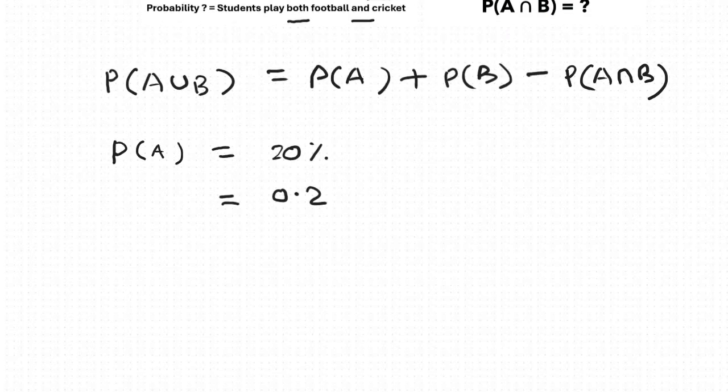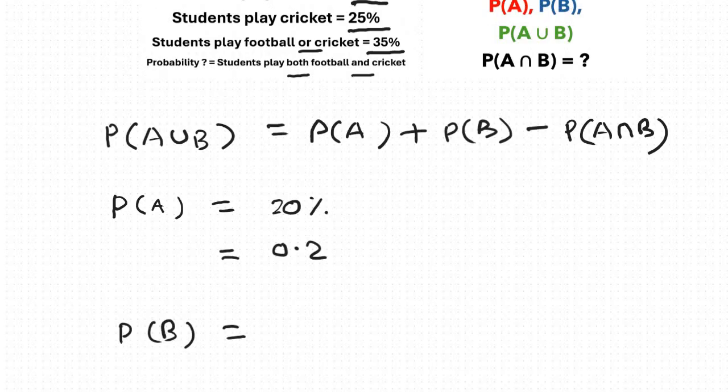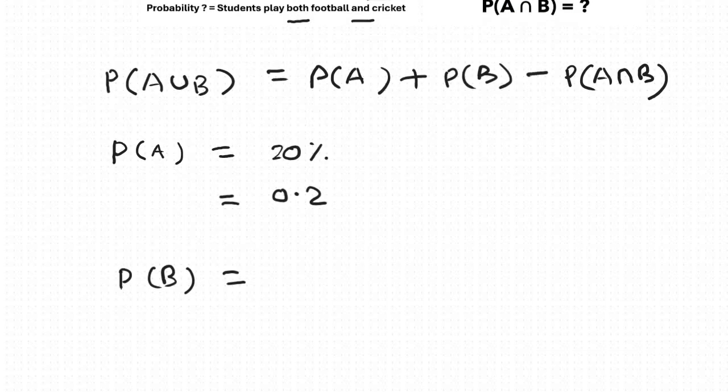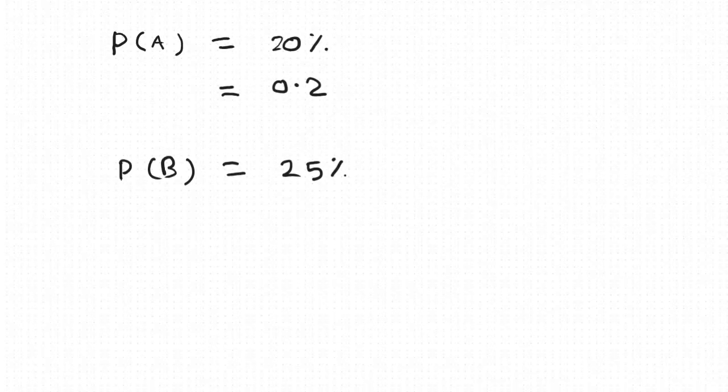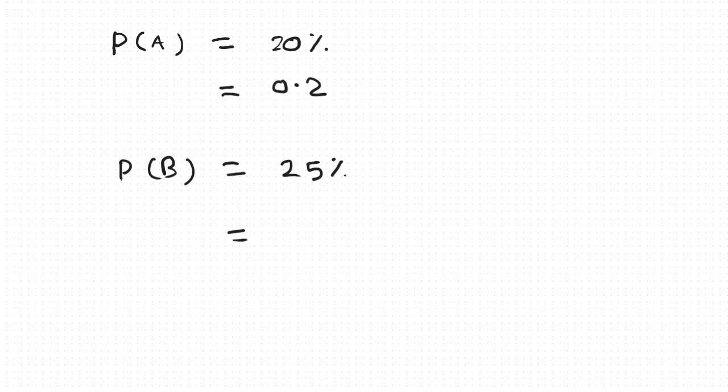And probability of B is the percentage of students who play cricket, which is 25%. So probability of B is 25%, or in decimal, 0.25.